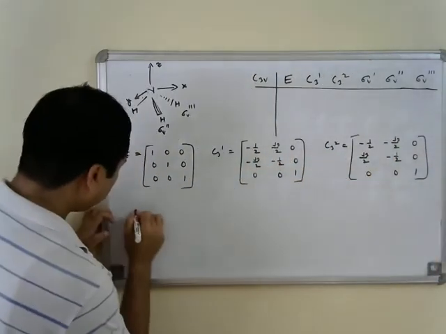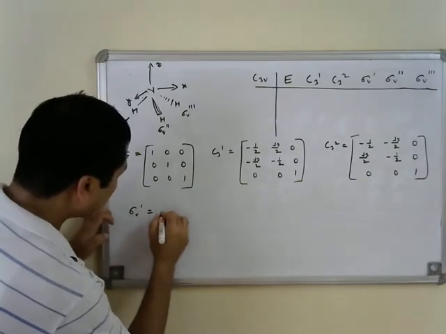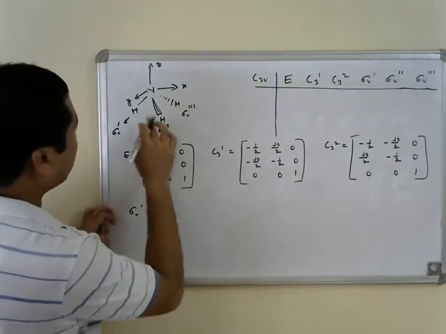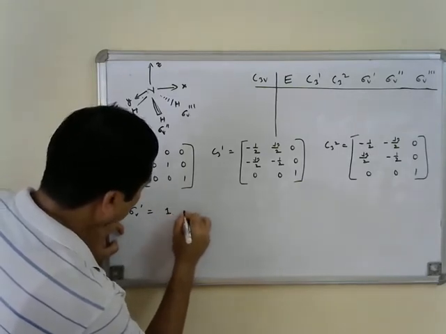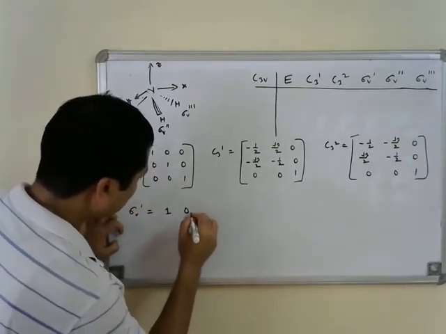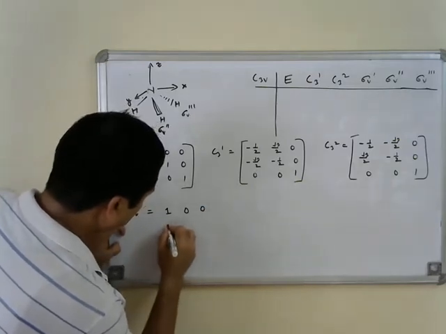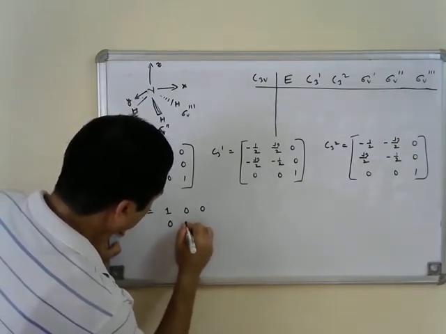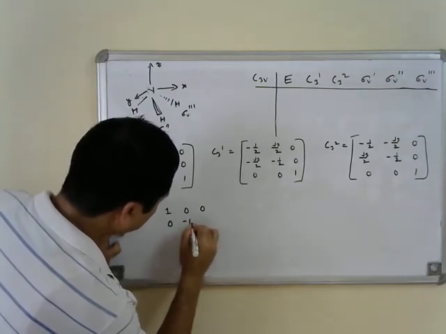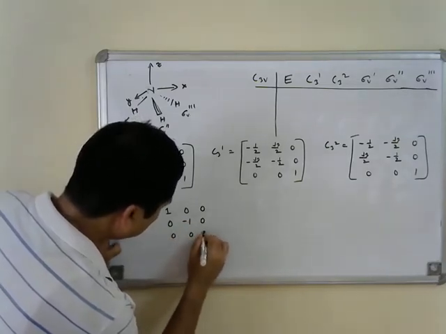For sigma v dash, which makes angle 0 with the x-axis, what we have is cos 0, which is 1, 0, sin 0, 0, 0, then sin 0 once again, 0, and minus cos 0, so that is minus 1, 0, 0, 0, 1.